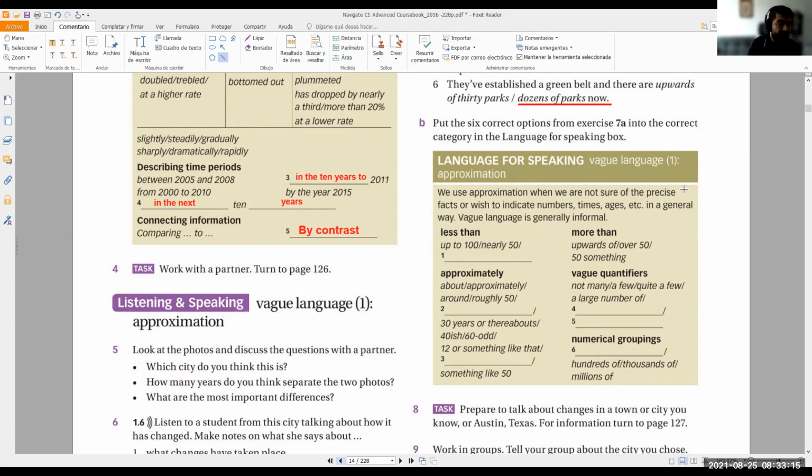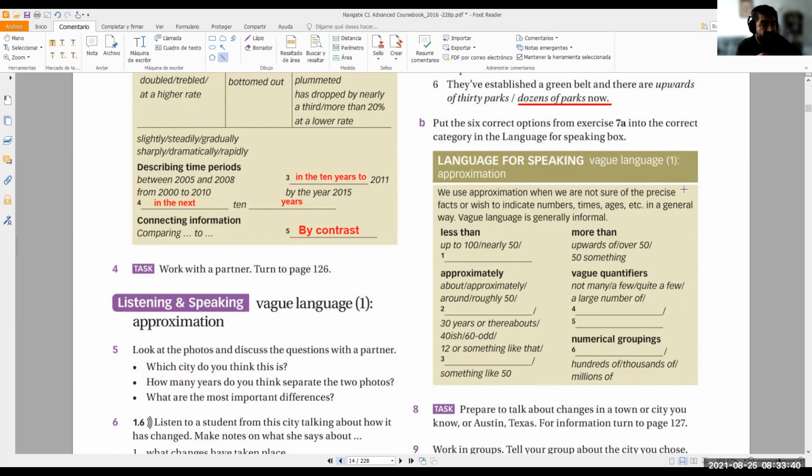And that's the point. So vague language, as we have seen so far, is that language that we use to talk about, as it says here, numbers, times, ages, locations, and stuff, but you don't want to be exactly specific about that, perhaps because it's not relevant for the discussion, or perhaps because you don't have that information, okay?